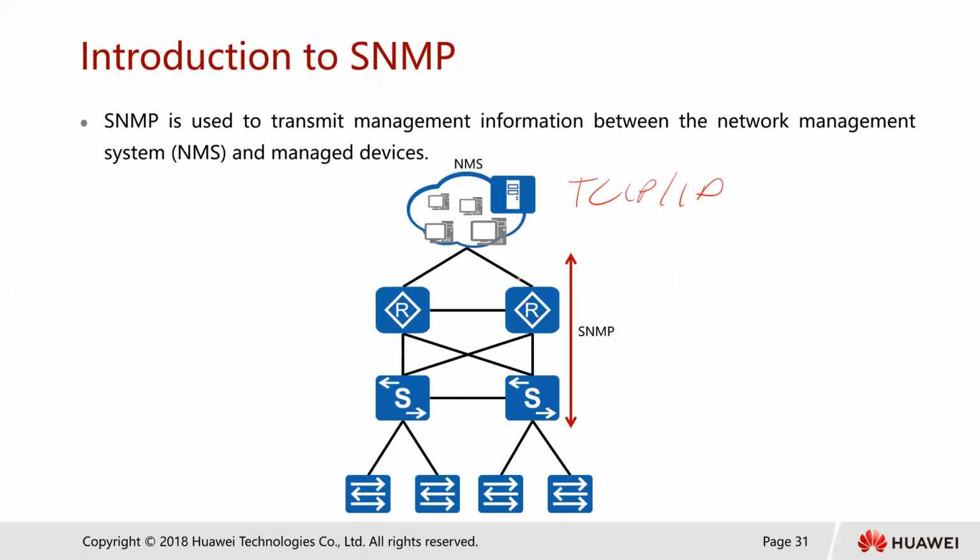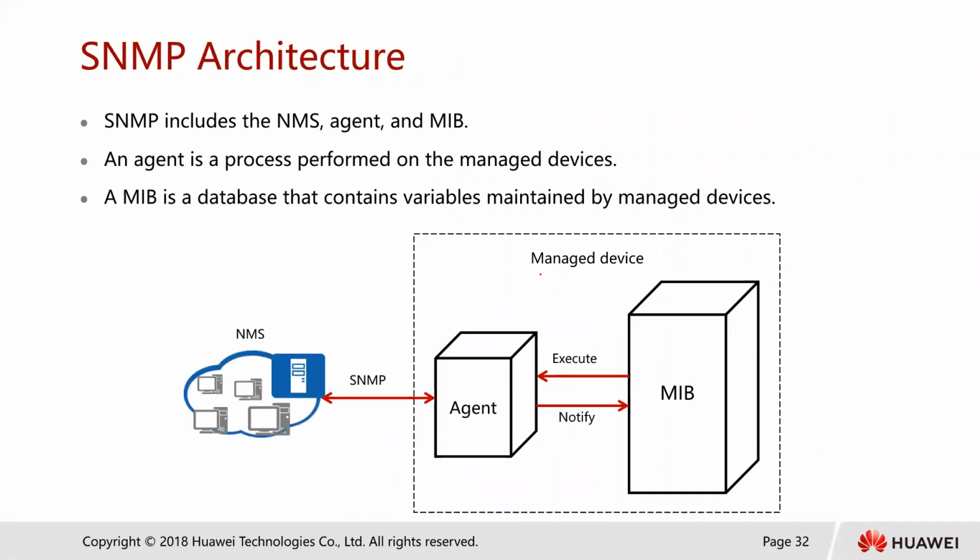It supports the following operations: sending configuration information to network devices, querying and obtaining network resource information through the protocol, and proactively reporting alarm messages to the NMS and to the network administrators so that they can quickly respond to network issues.